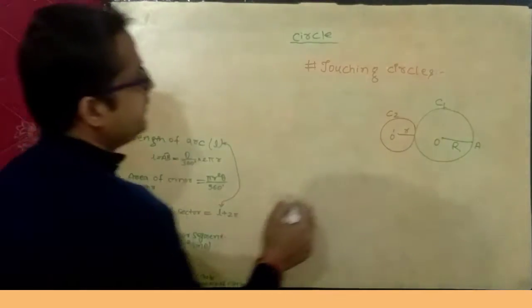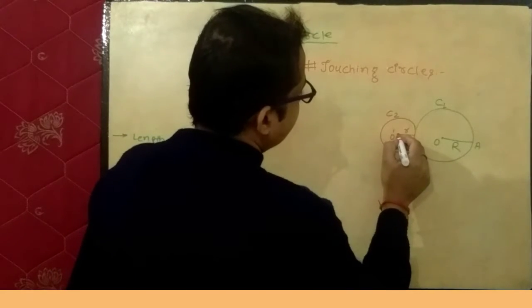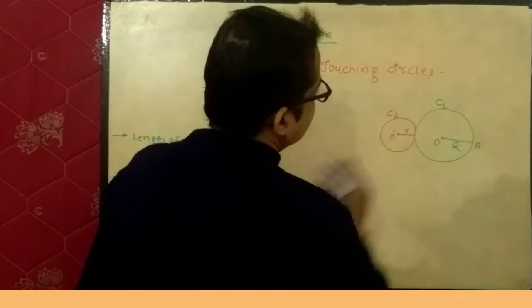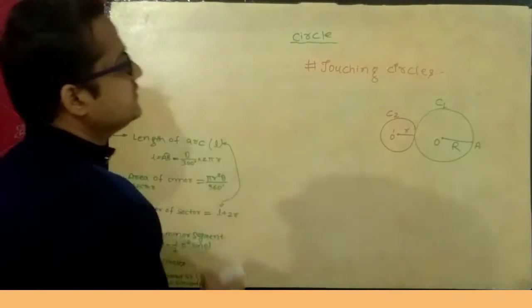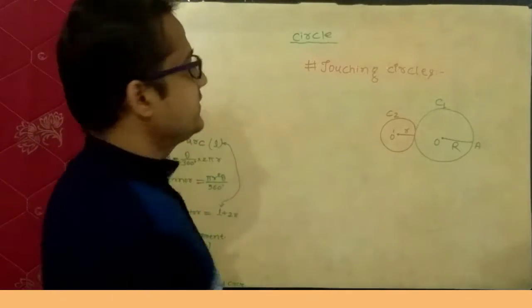Now we have to calculate the distance between the centers of these two circles. The condition is that these two circles are touching externally.